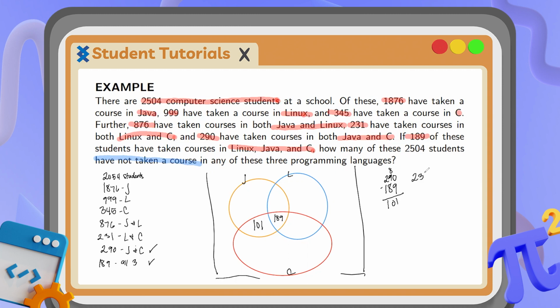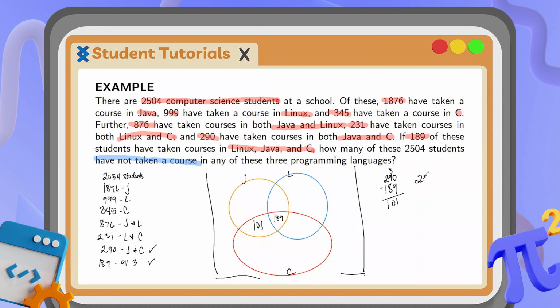So again, subtract 189 from 231, which would result in, okay, that's not right.